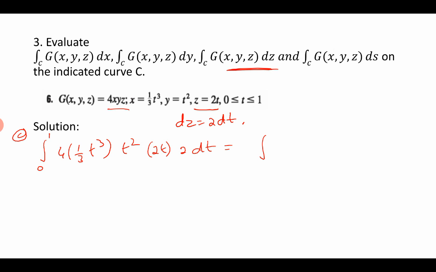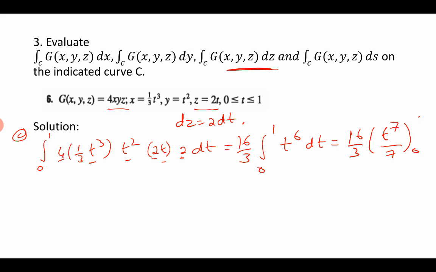So simplify: constant 2 times 4 into 4, 16 over 3, 0 to 1, t cube, t to the power 5, 6, t to the power 6 dt. So 16 over 3, t to the power 7 over 7 from 0 to 1. 16 over 3, and 3 into 7 is 21, 1 minus 0. So 16 over 21. All the integrals give you different answers.